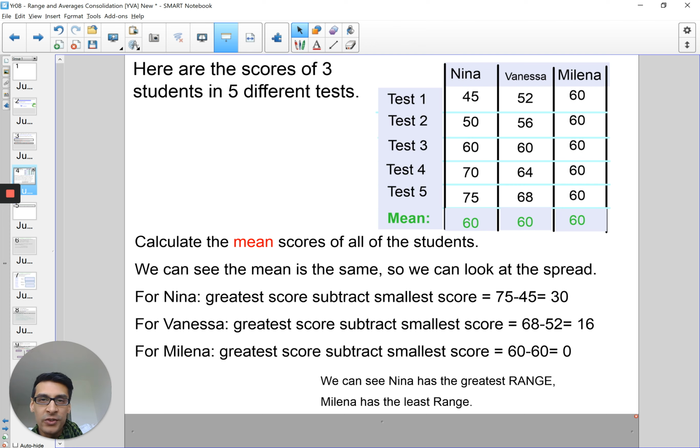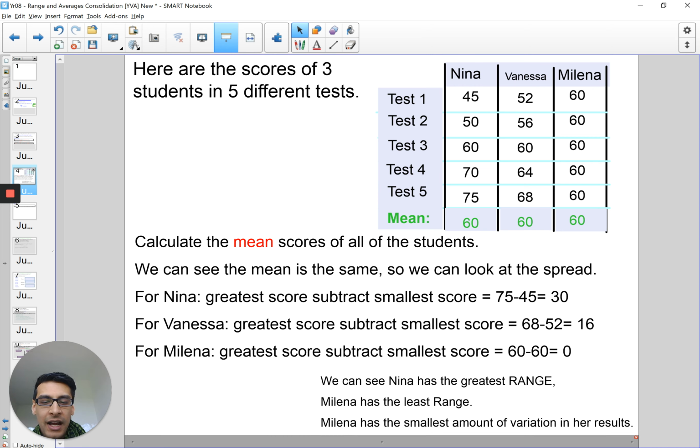There's no real right answer to that, but it means that you can pretty much predict how she's going to do. Another way to say this is that Milena has the smallest amount of variation in her results because her results don't vary very much. So that's the introduction of range and how range links up with when we're looking at data sets.